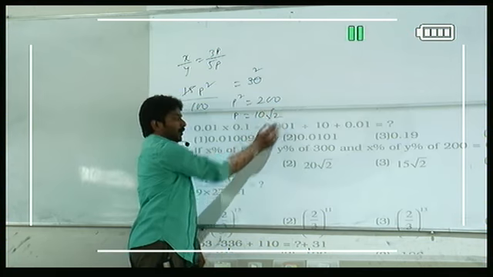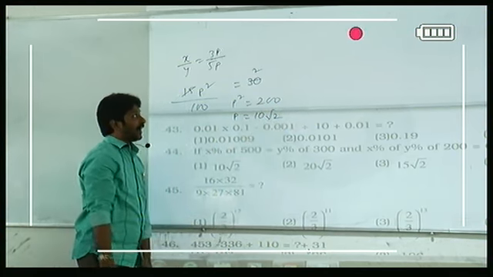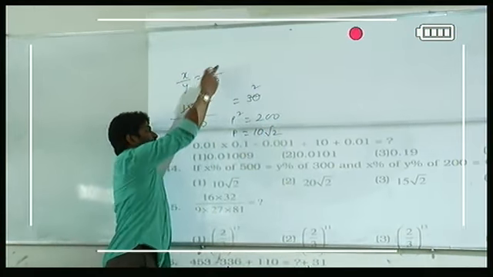Since 15 parts. 15 how many times? 2 times. So p square is equal to 200. P is equal to 10 root 2. What is your question? X. X is equal to 3 parts. 3 parts is equal to 30 root 2.